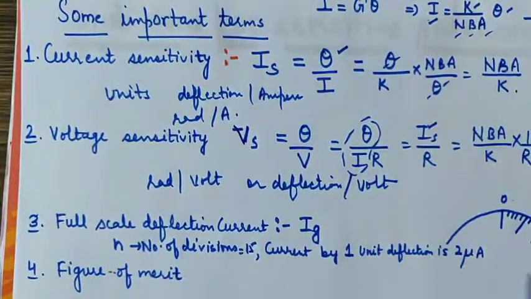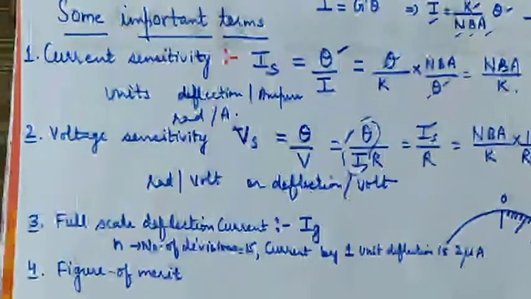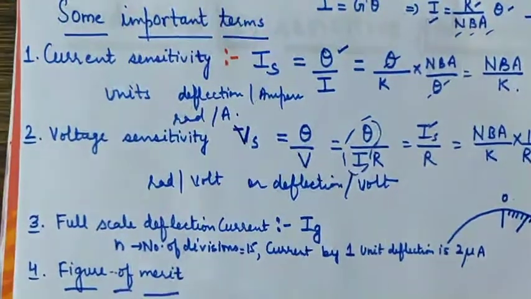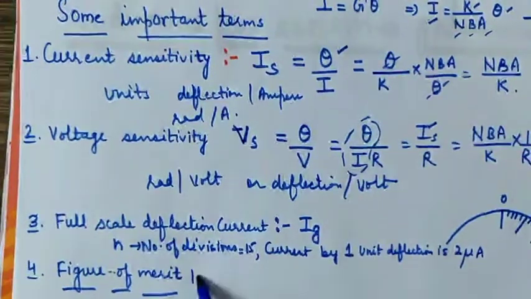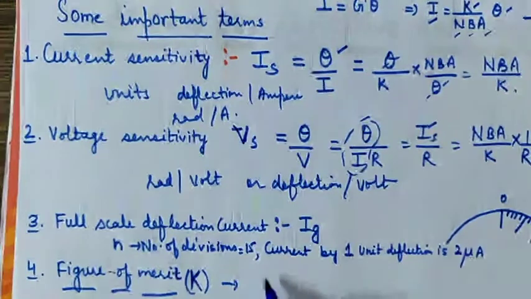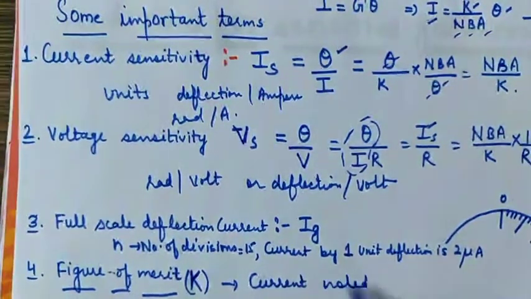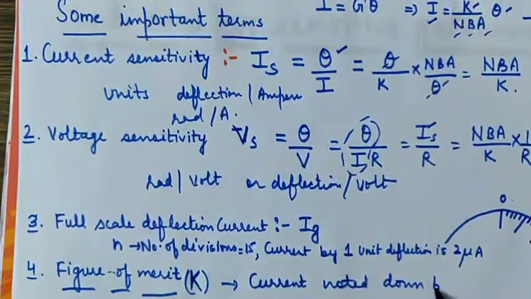So what will be the full scale deflection? That means the maximum amount of current that can be noted down with the help of a galvanometer. And figure of merit is nothing but this capital K, we represent it by capital K, meaning the current noted down by 1 unit deflection.